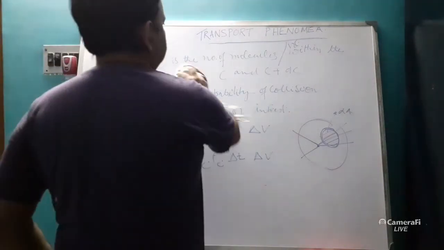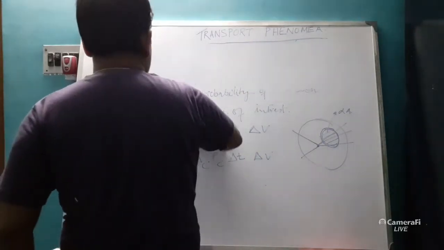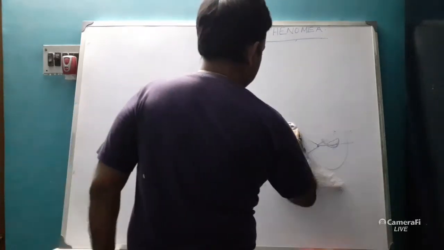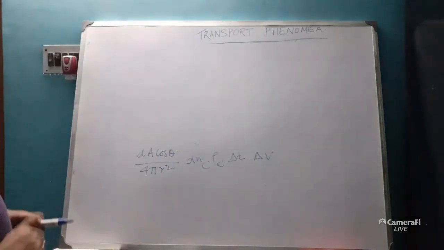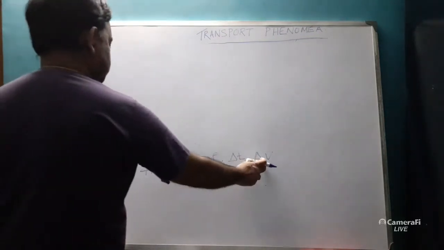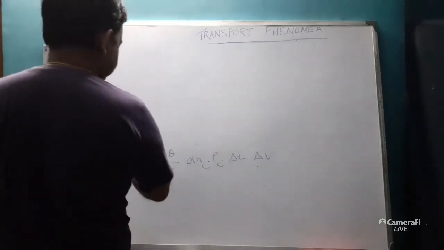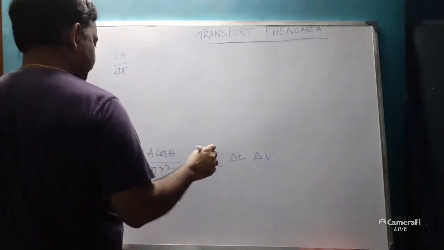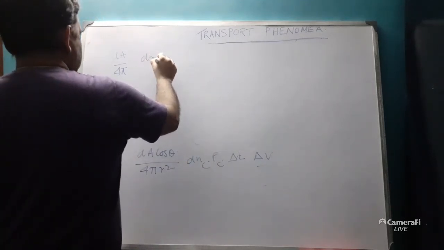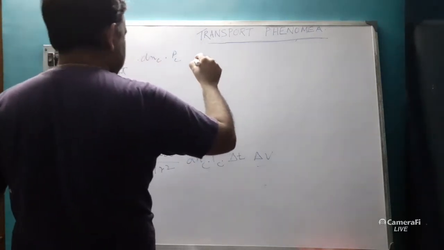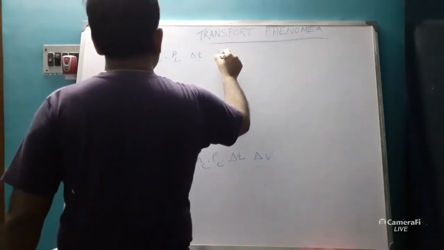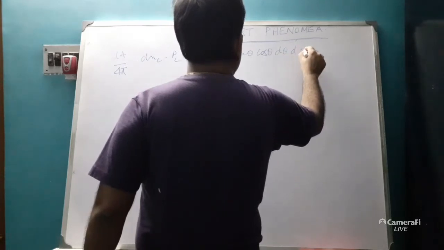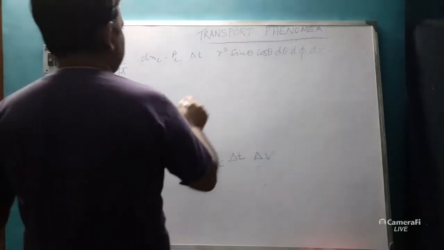Now, you can use the spherical polar coordinates to represent this del V. So our dA by 4 pi, then we have dNc Pc del t del V is r square sin theta cos theta d theta d phi dr, and 4 pi r square was there, and we have r square over.